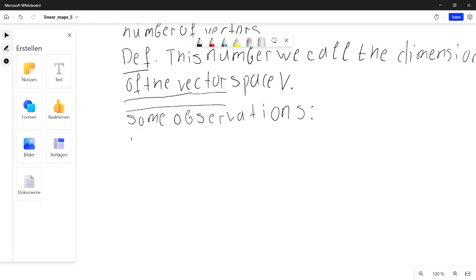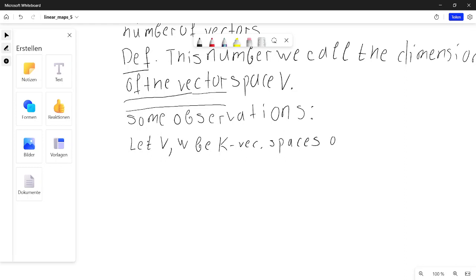Let V, W be K vector spaces. I remind you that K is always the same field, so they are vector spaces over one and the same field.